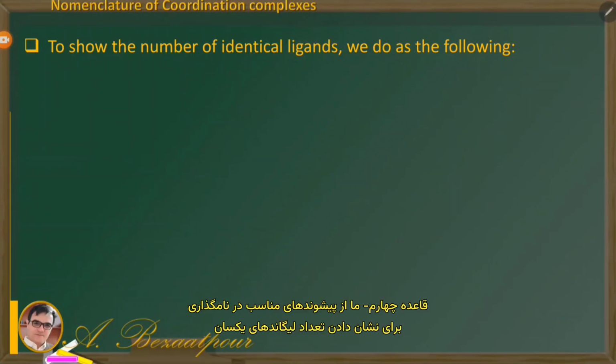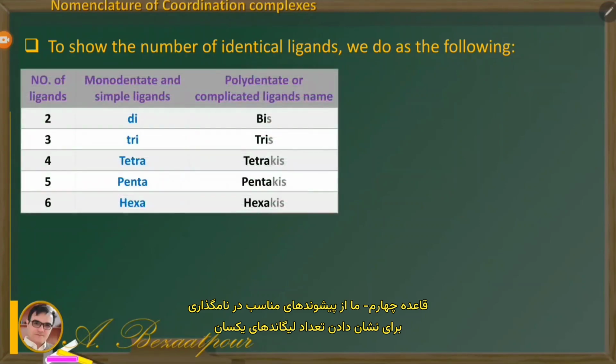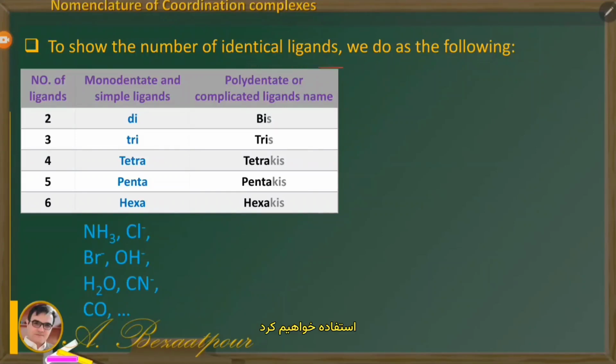The fourth rule: we use appropriate prefixes in the nomenclature to indicate the number of identical ligands, as in the following table.